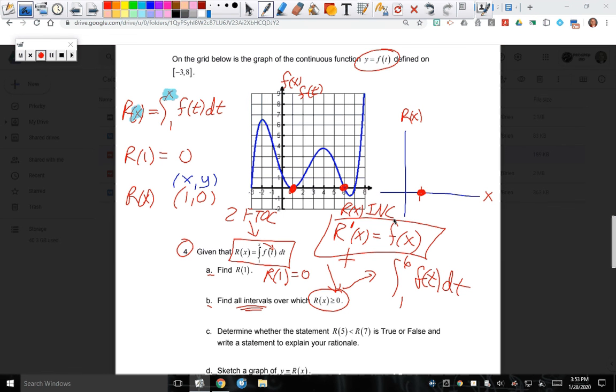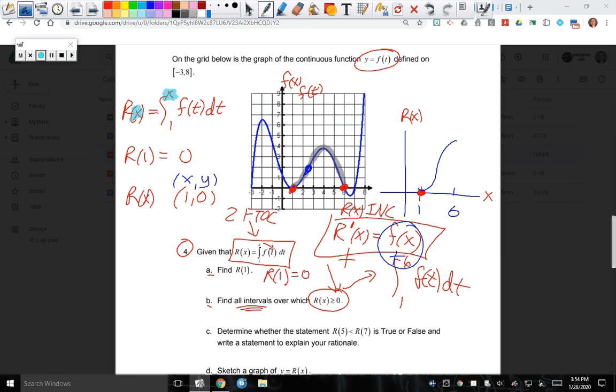Then all I have to do is ask myself, when is f of x positive? Well, it's positive when it's above the x-axis, all right here. So from 1 to 6, it is increasing a lot. The entire time, it's increasing all the way from 1 to 6. It increases the most here, and then it slowly increases like that to 6.